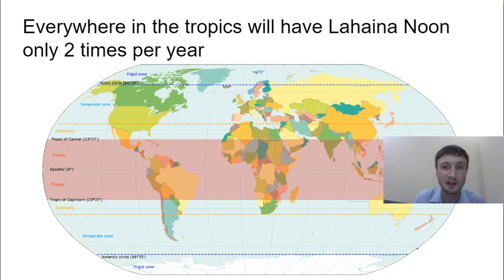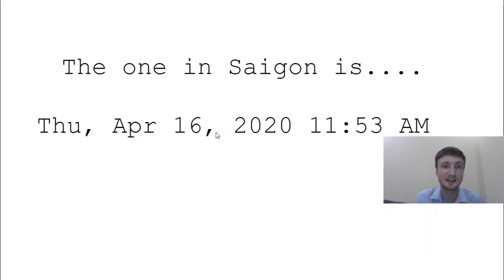Okay, and I used an online calculator and I worked out when the next Lahaina Noon will be in Ho Chi Minh City in Saigon. And it's on Thursday, April the 16th. What are the chances?